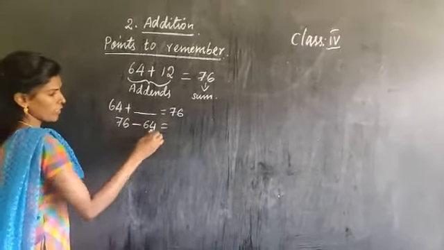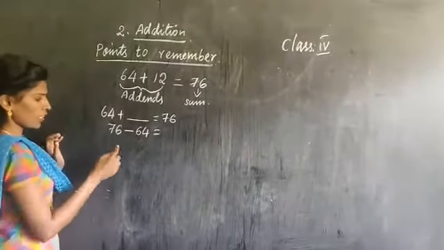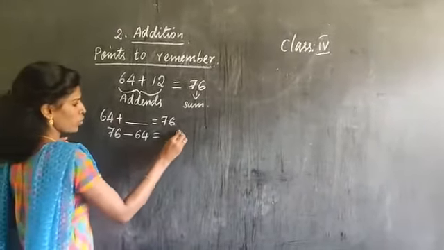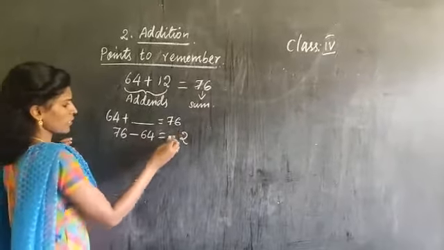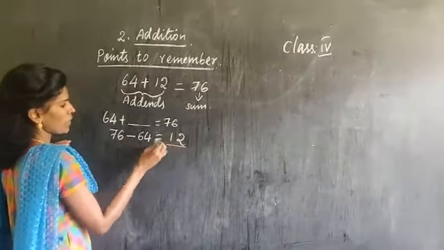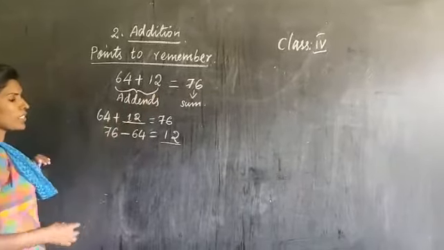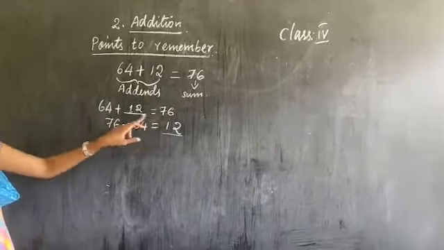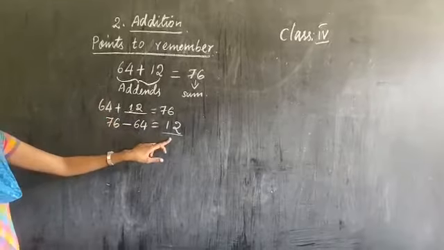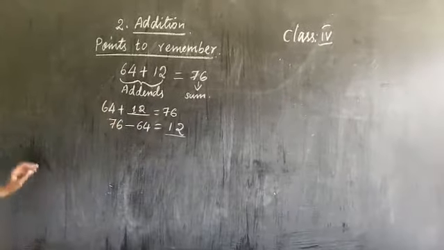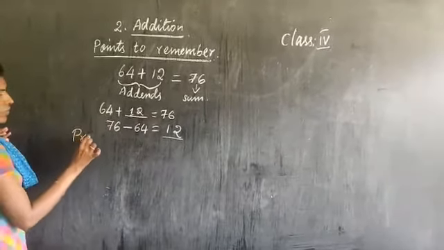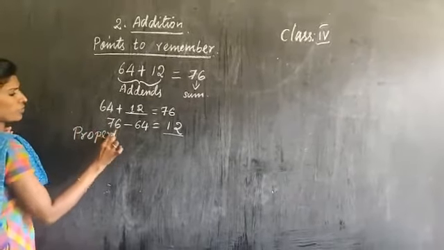So if you subtract, what will you get? 6 minus 4, 2. 7 minus 6, 1. So 12 is the missing addend. So to find the missing addend, from the sum you subtract the given addend, then you will get the missing addend.